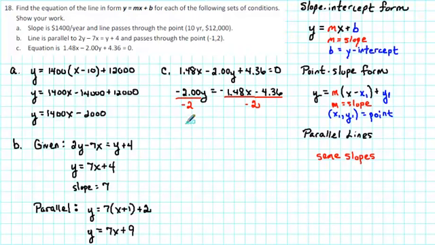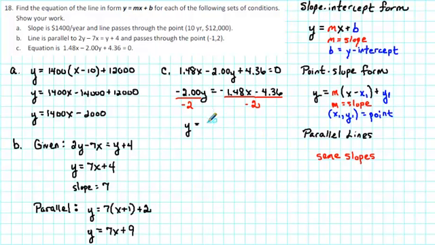On the left-hand side, we get y is equal to, I'm going to use a calculator to divide negative 1.48 by negative 2. That comes out to be 0.74.